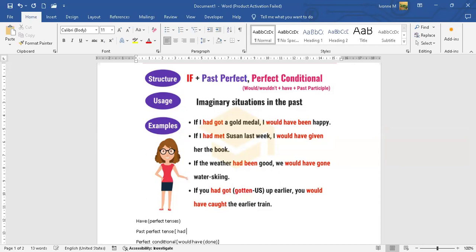And we use the main verb in the third column, what we call the third column of the verb list. Do you remember that structure?